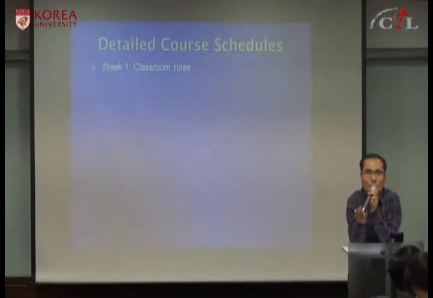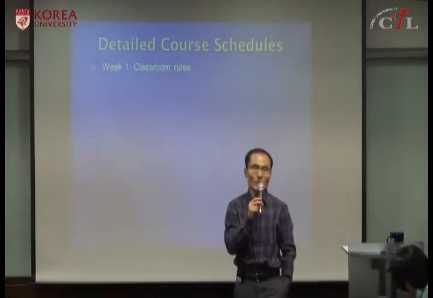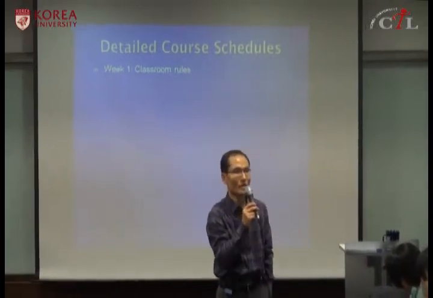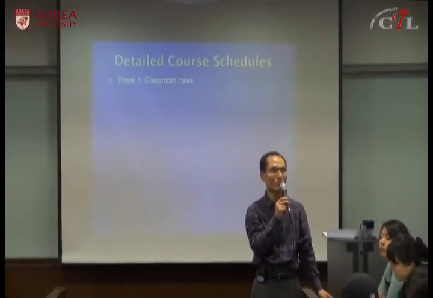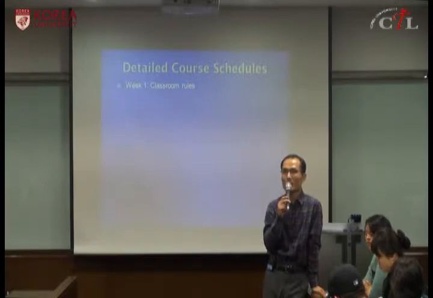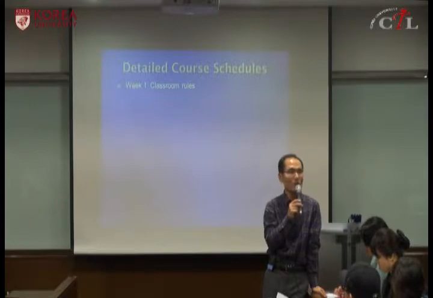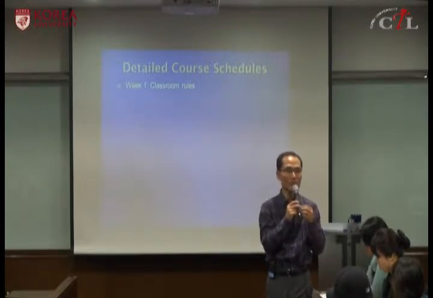We are going to discuss what kind of classroom rules we will use during the semester. What kind of point scale? Do I have to deduct some points if you misconduct or behave badly in class? Or if you do very well in class, do I have to add some points to your final grade? That will be decided based on our discussion.